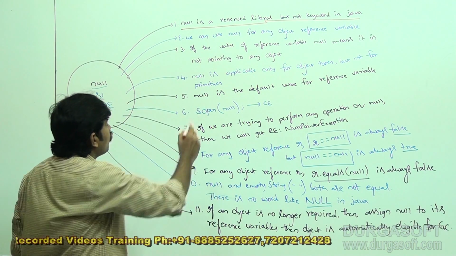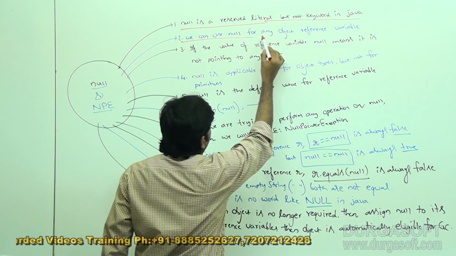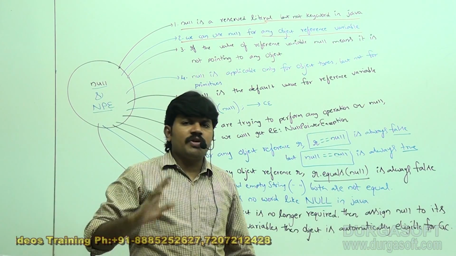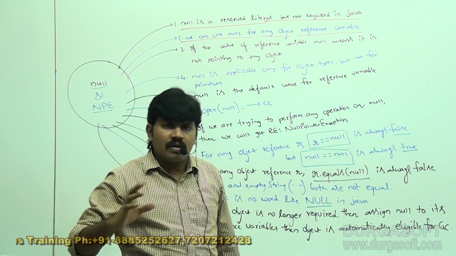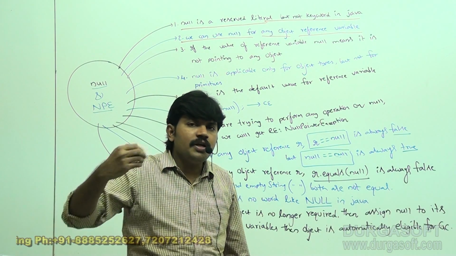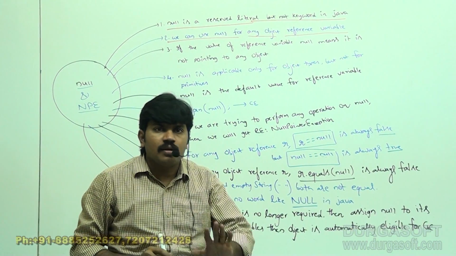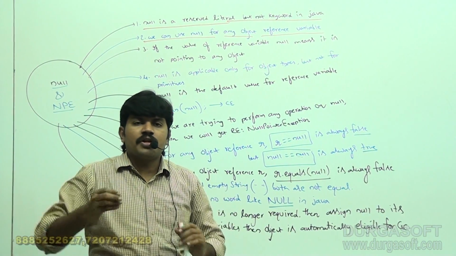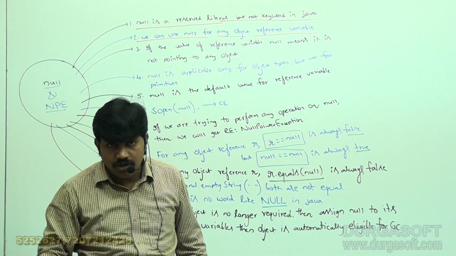Second one, we can use null for any object reference variable, whether it is enum type, class type, interface type, array type, or annotation type. For any type, we can happily use null. Null is allowed for any object type reference variable.